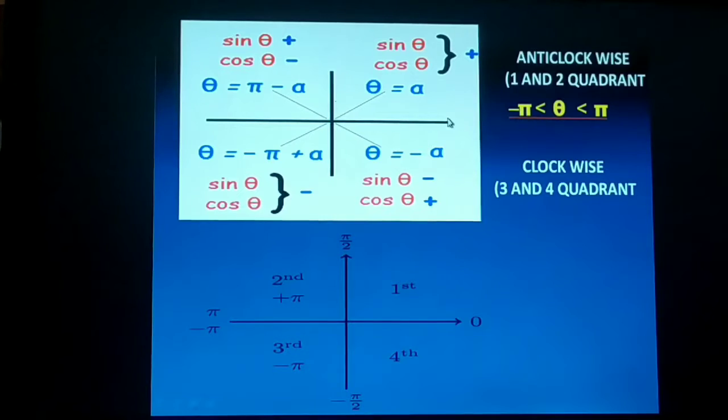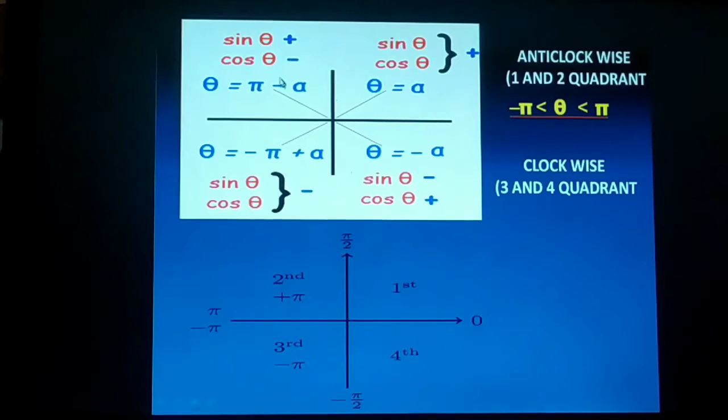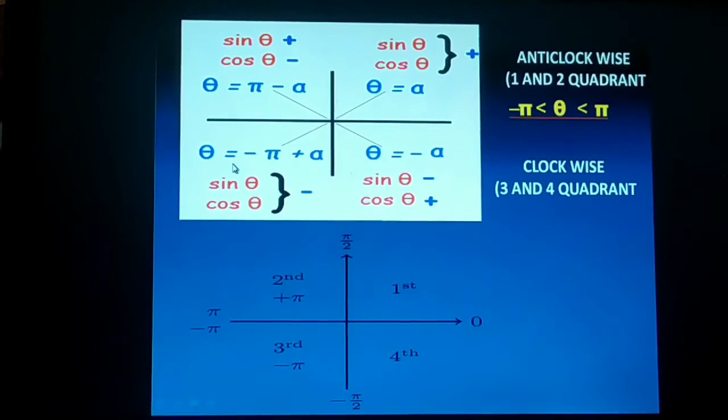in this figure. Here first quadrant, second quadrant sine positive cos negative, third quadrant sine and cos both negative, fourth quadrant sine negative and cos positive, means here x and y both positive, here x negative y positive, here x and y both negative, and here x positive and y negative.